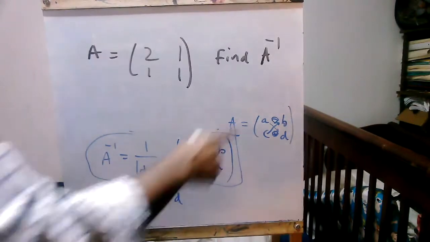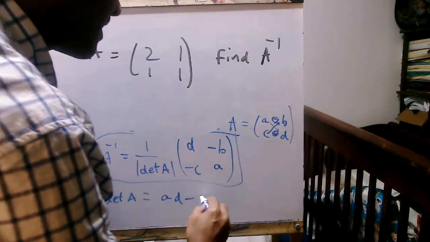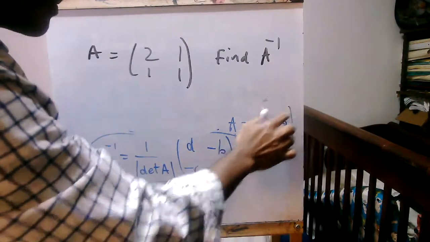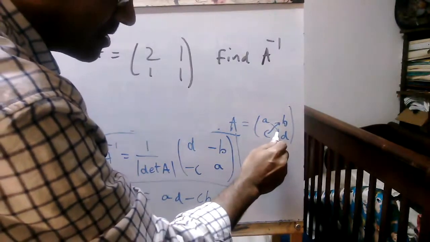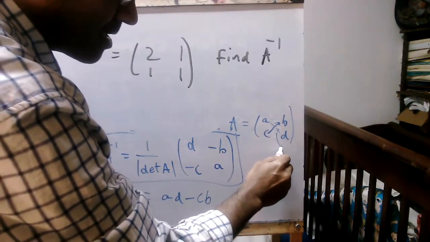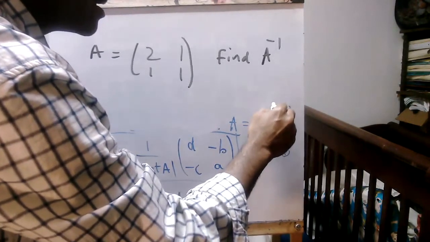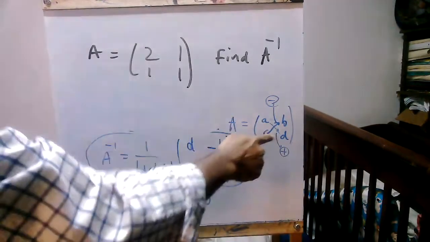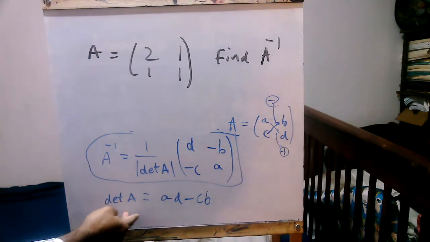Right? AD minus CB or BC. Okay, downwards it's positive, upwards it is negative. When we multiply upward, this is negative. Right? AD minus CB or BC, same thing. That's it. That's all about determinant.